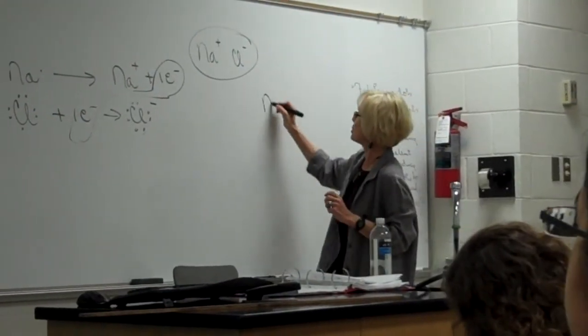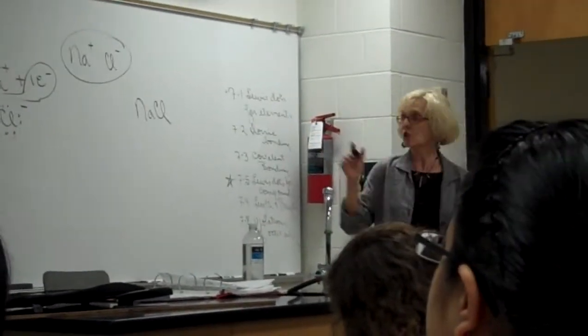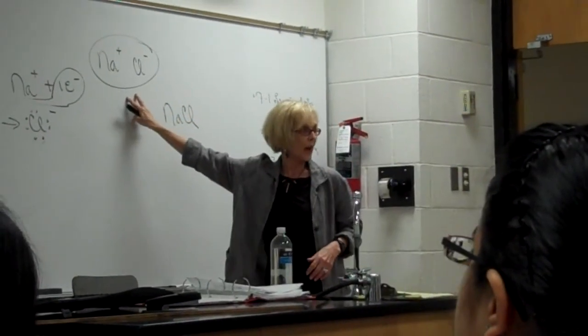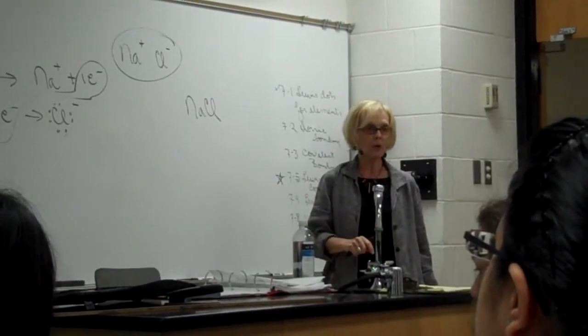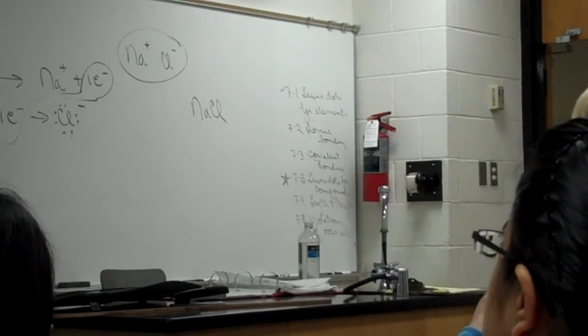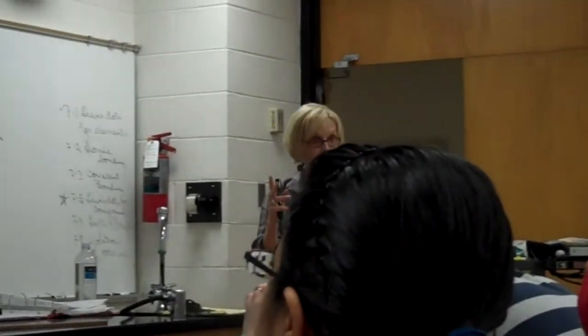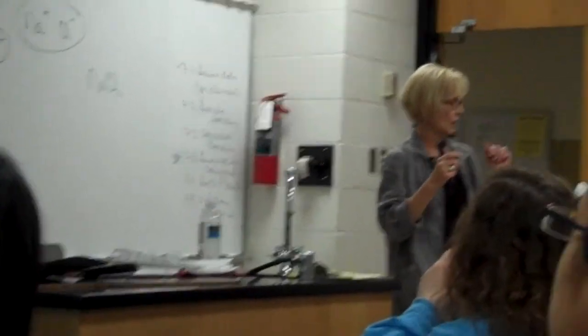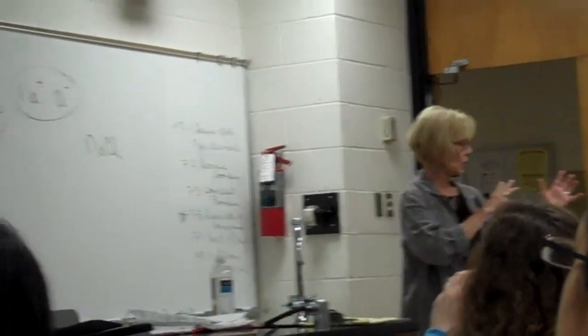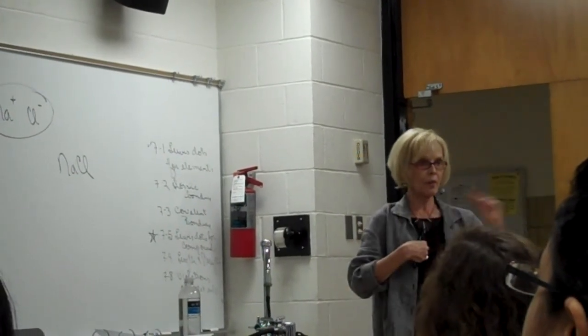And of course, when we actually write the formula, I don't show the charges. Remember how that's just the rough draft? This is how we show it. We say, what kind of a bond does it have? We say ionic. You also are asked, what kind of compound is it? It's ionic. So we call the bond ionic, we call their compound ionic. Okay, so one's a giver, one's a taker, think ionic.